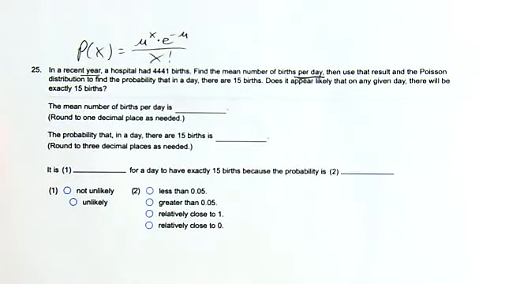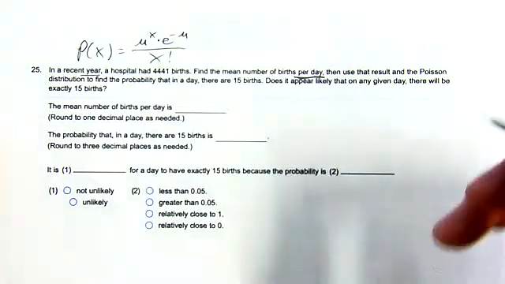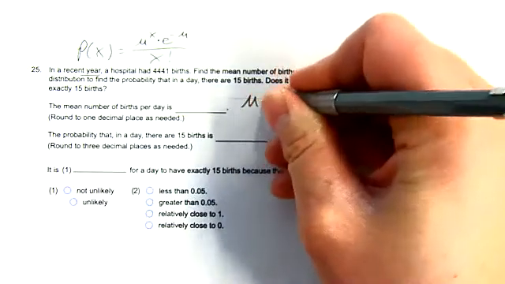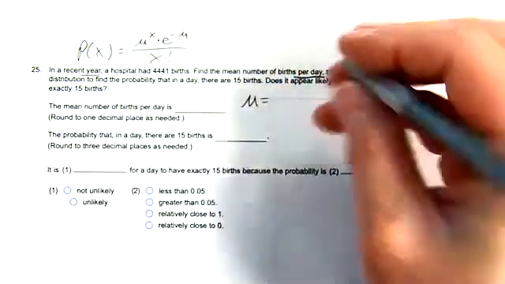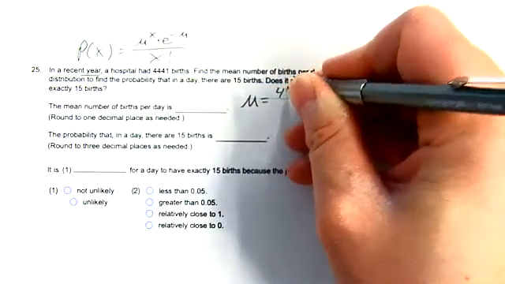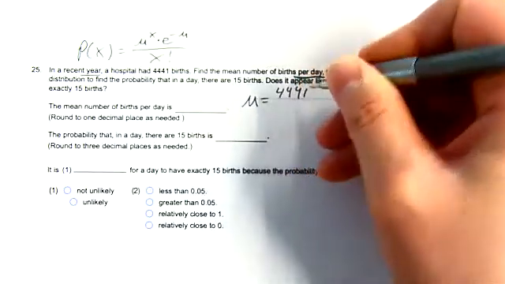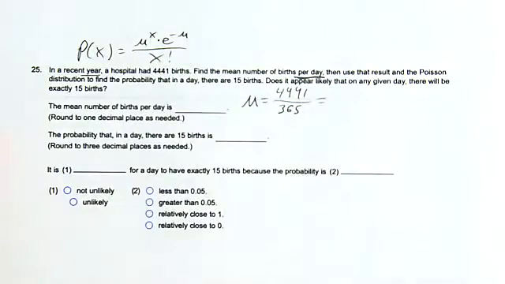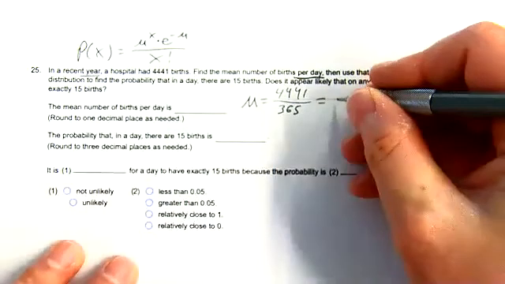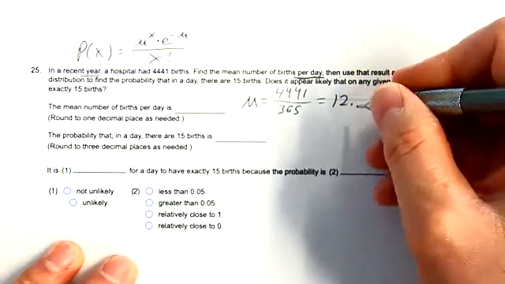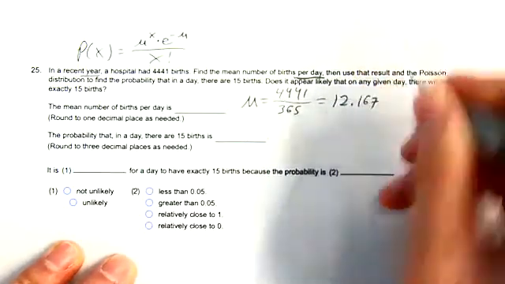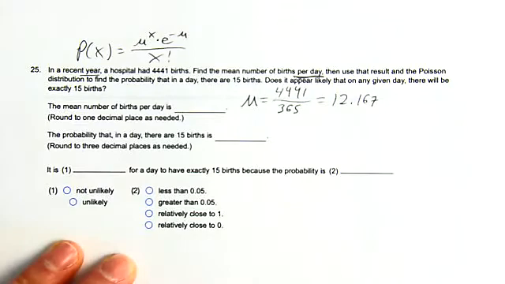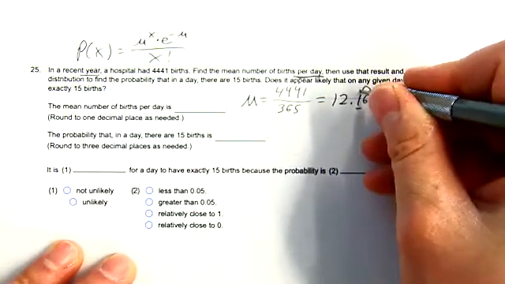So we're going to have to divide by 365. So mu is going to be equal to 4441 births per 365 days. And it would be, on average, about 12.167 births per day. Rounded to 1 decimal, we'll call it 12.2.